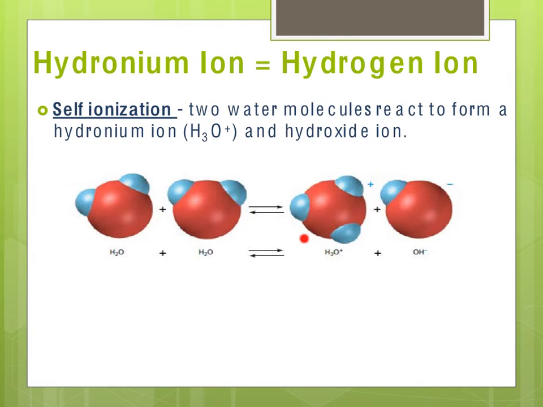And one of these molecules is going to become a hydronium, and one of them is going to become a hydroxide. And so H2O yields H plus and OH minus.